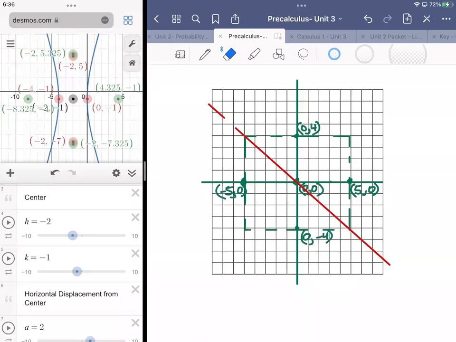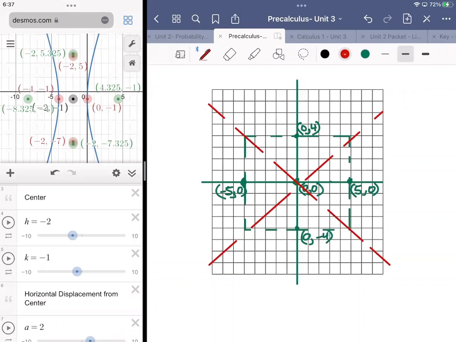Make it dashed. You don't have to report the coordinates of the corners of the box. That's really not necessary. I mean, it's not relevant. That just gives us the boundaries for the hyperbola.